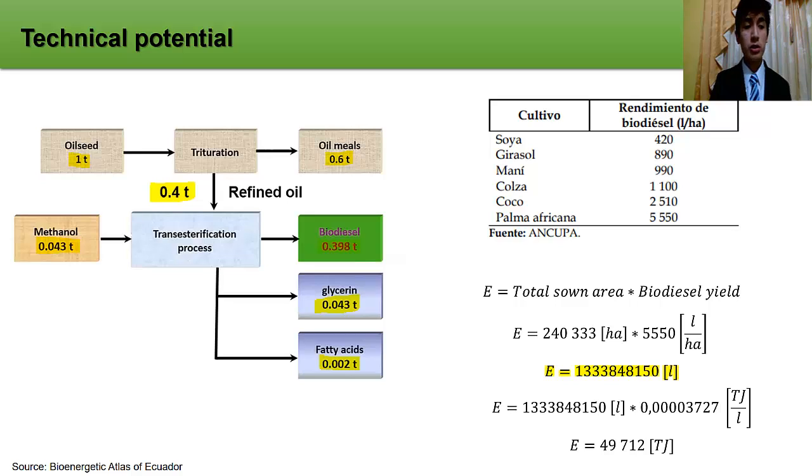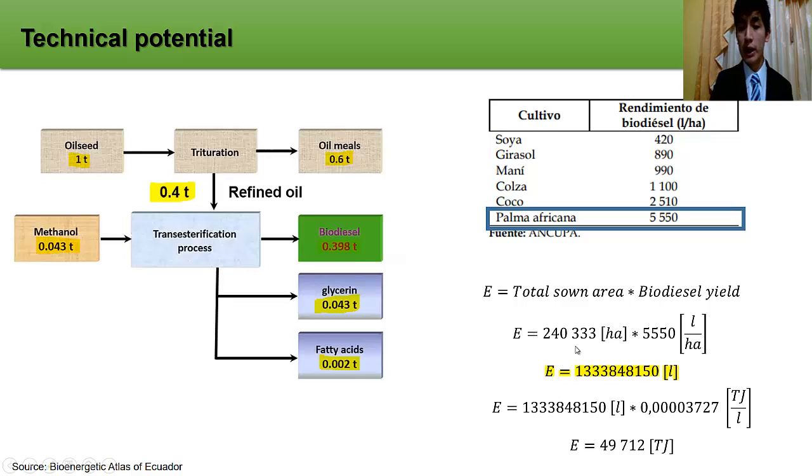Finally, we need to consider the technical bioenergy potential, which is directly linked to the technology to be used for the energy use of palm oil in Ecuador. In this case study, we are considering the typical technology, which is the transesterification process. We have one advantage: all the technical potential is obtained directly from ANCUPA, the National Association of Oil Palm Growers in Ecuador.